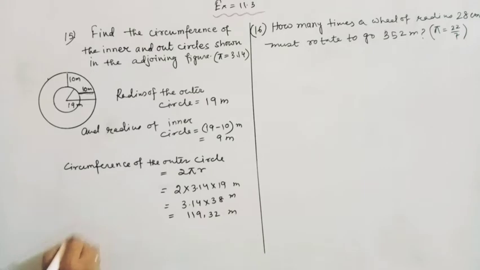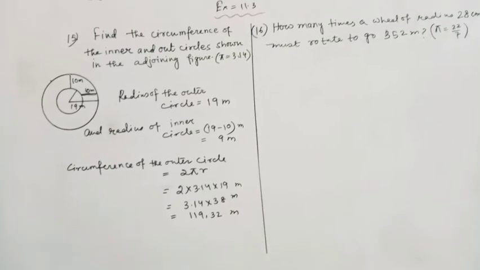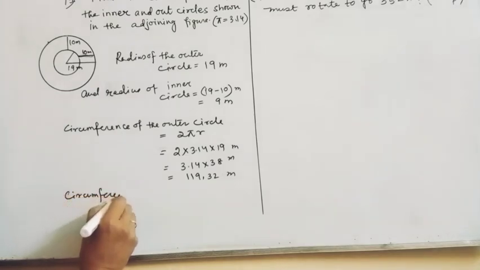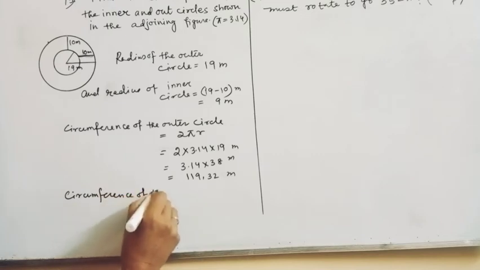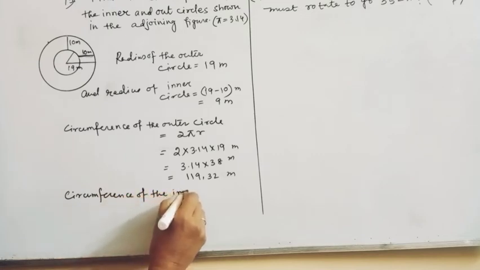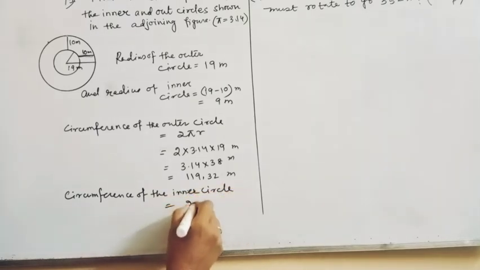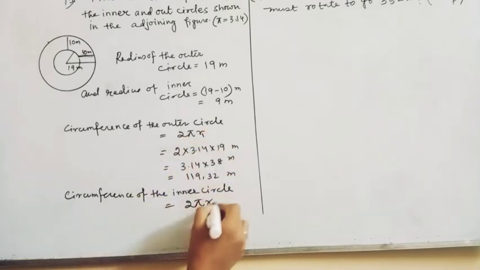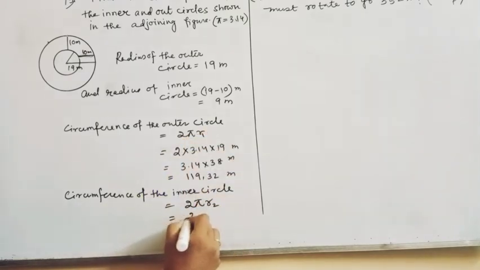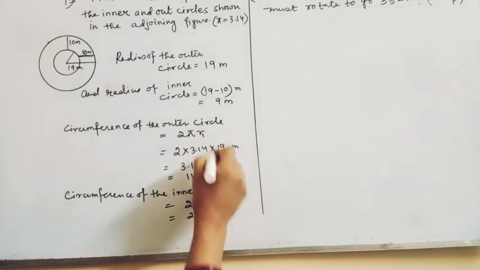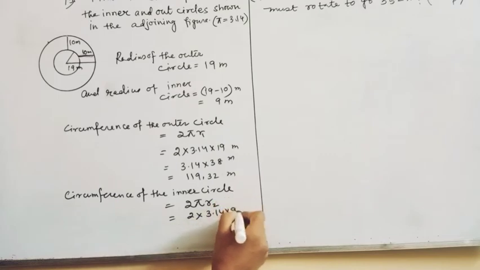Similarly, circumference of the inner circle is 2 pi r. So 2 into 3.14 into 9, since the radius of the inner circle is 9 meter.